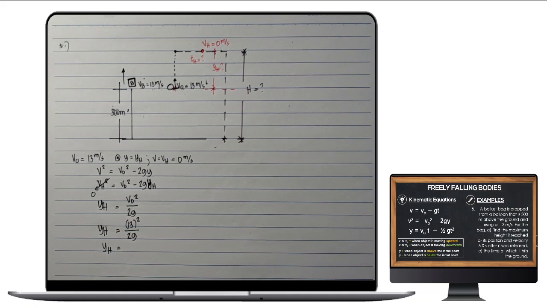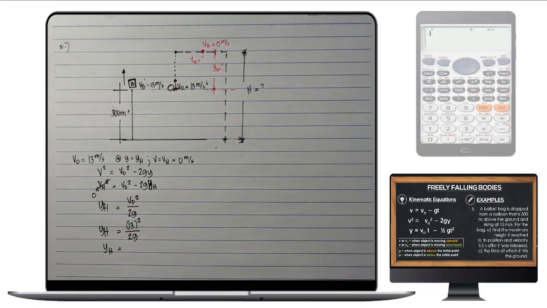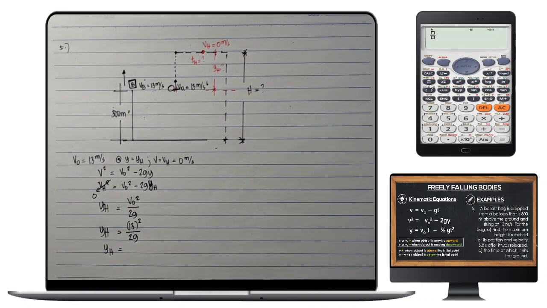So, masosolve natin dito si y sub h. Kuhanin lang natin yung calculate natin. Okay, so we have 13 square divided by 2g. So 2 times 9.81 equals, so we have 8.6136.